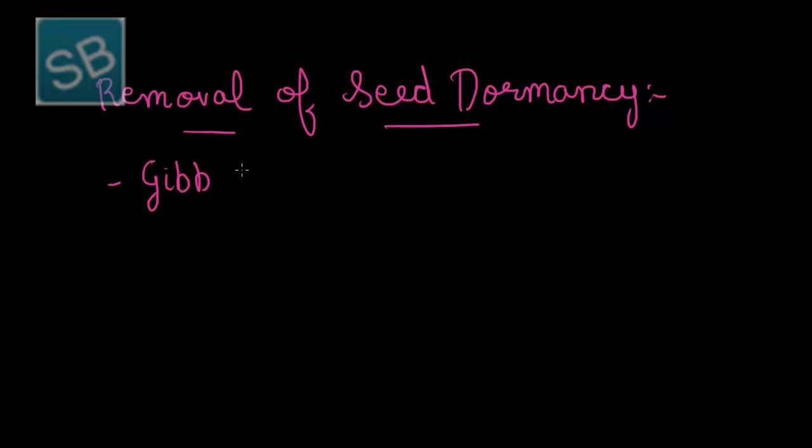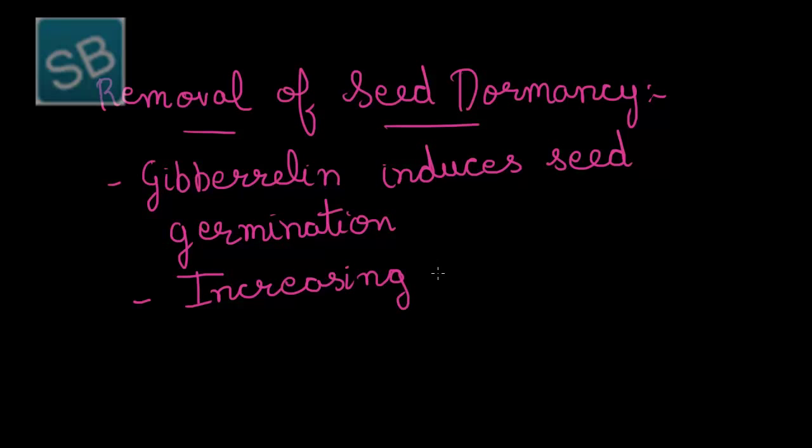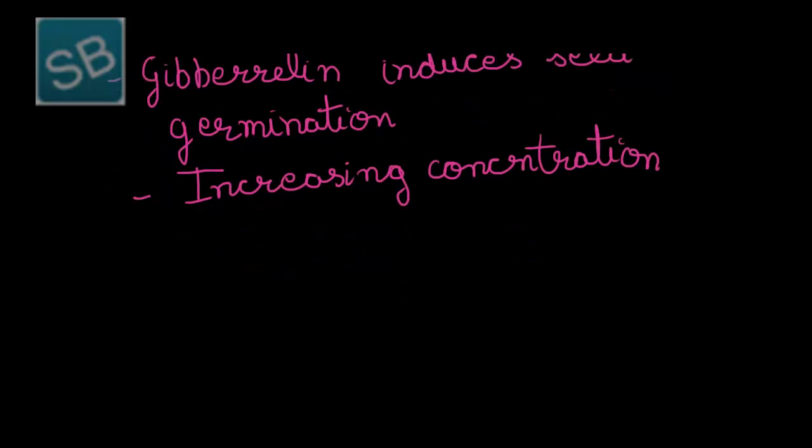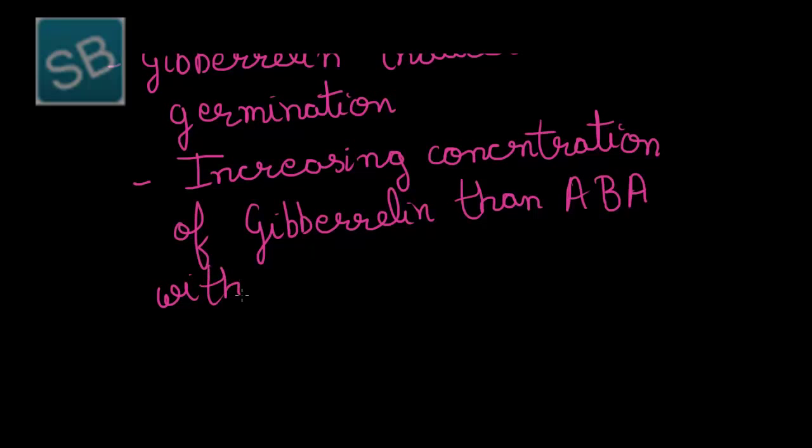Growth regulator gibberellin induces seed germination, which has an effect exactly opposite to that of abscisic acid, and therefore increasing the concentration of gibberellin over the abscisic acid or ABA within the seed makes it active by removing the dormancy.